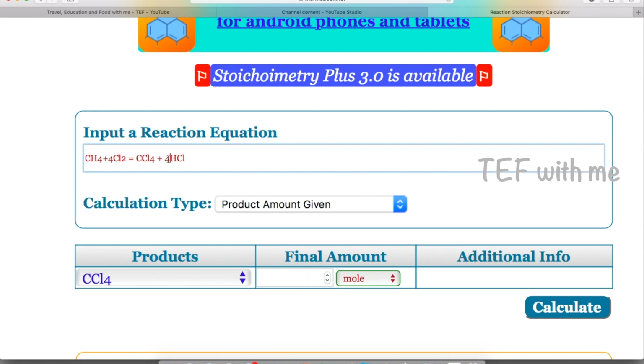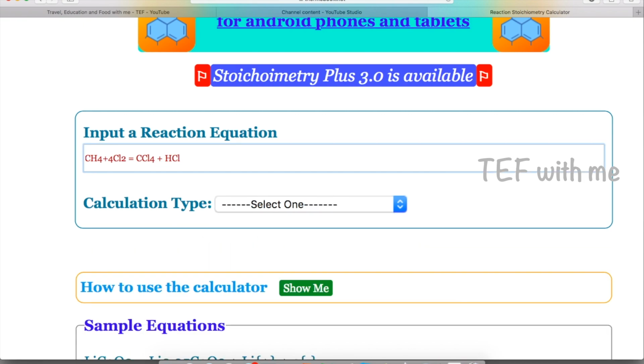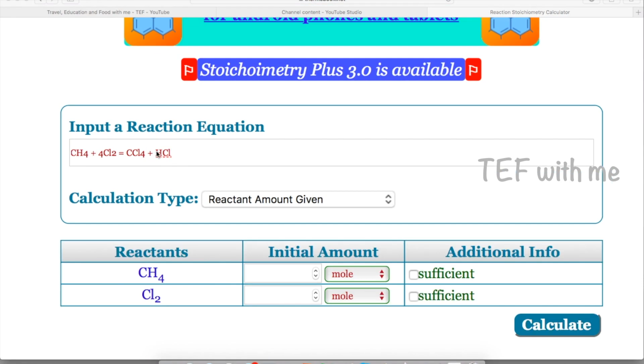Suppose you are giving an imbalanced equation. See, I eliminated 4 here, so now the equation is imbalanced. But don't worry about an imbalanced equation.